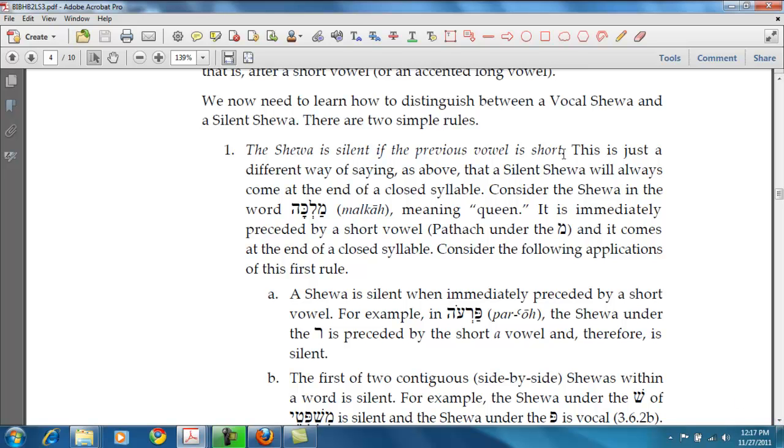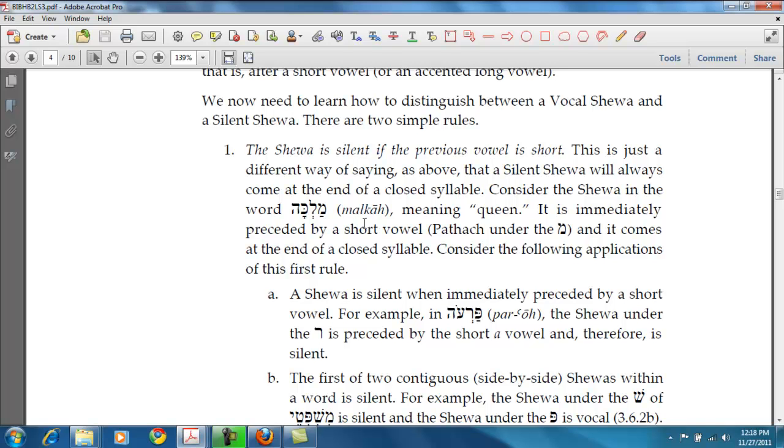So if a Shava follows a short vowel, a patach, a segol, a hirik, a kibbutz, this is just a different way of saying that a silent Shava will always come at the end of a closed syllable. It's going to be silent.